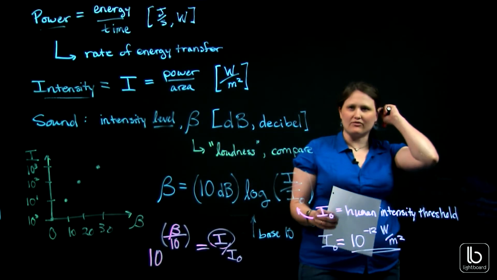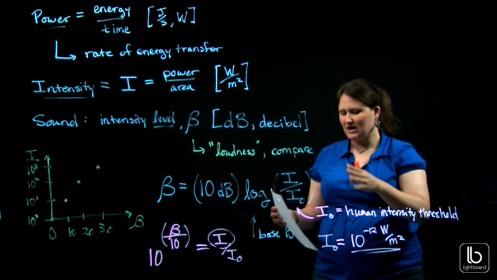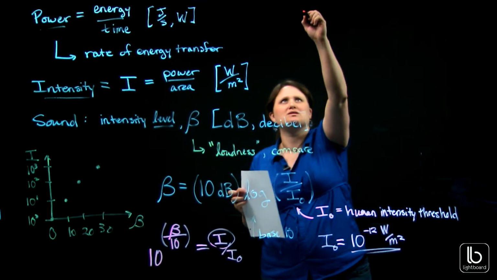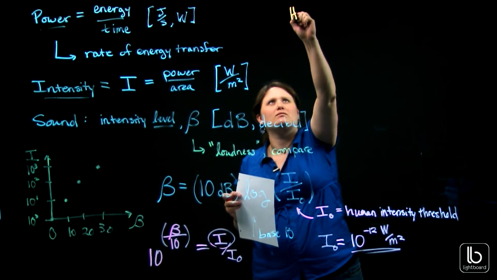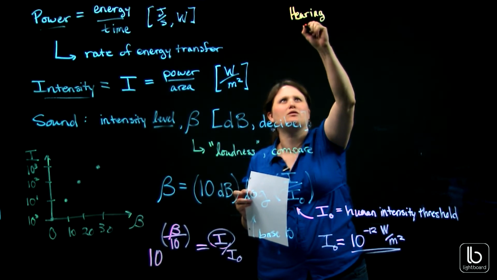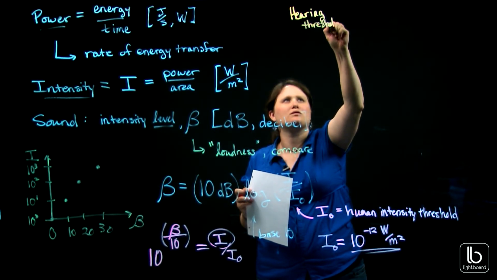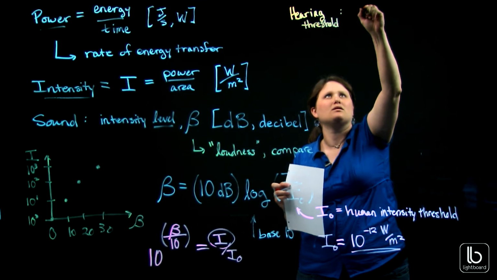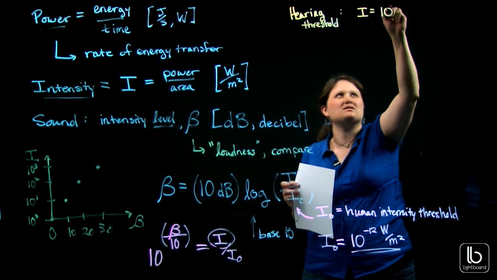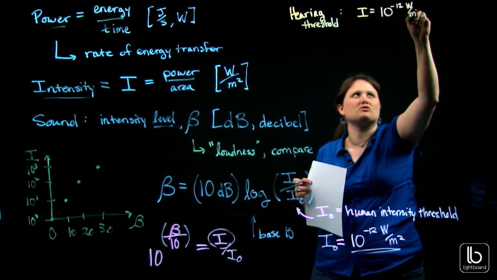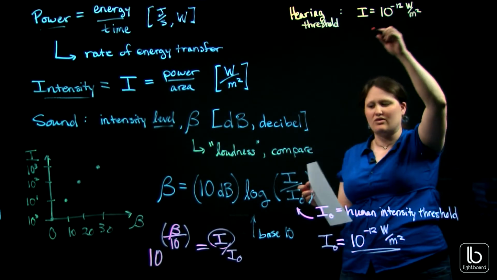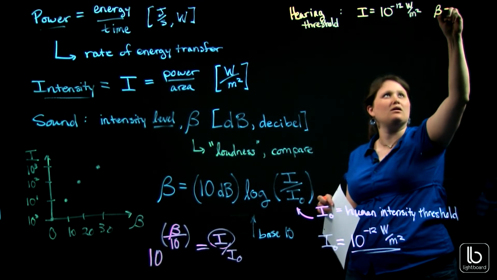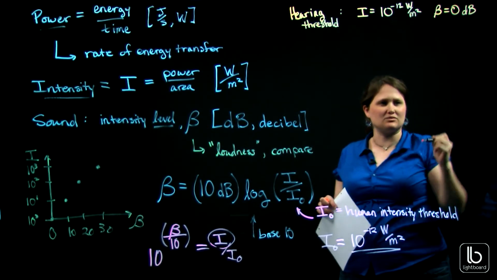So just as a quick point of reference, I'm going to give you some intensities versus intensity levels for some common sounds. So we said that the hearing threshold intensity is 10 to the negative 12th watts per meter squared, and that converts to an intensity level of 0 decibels.